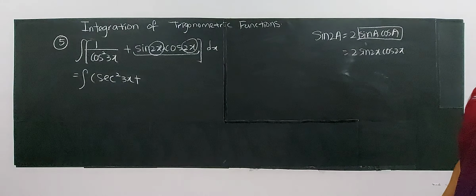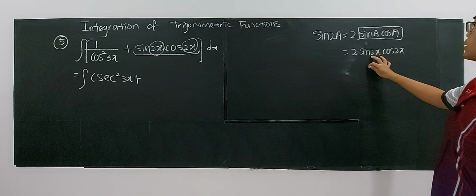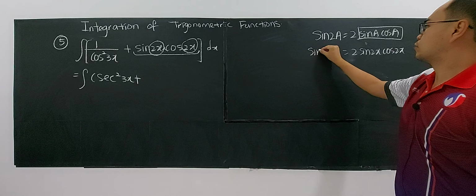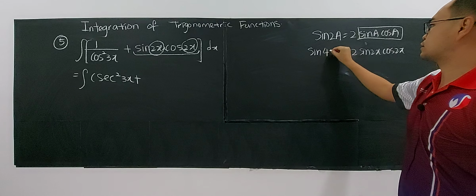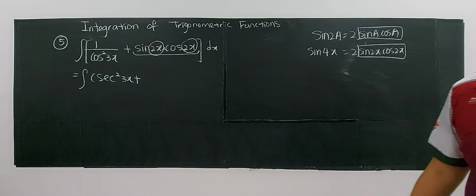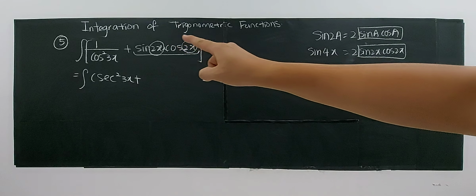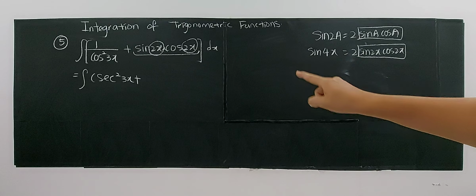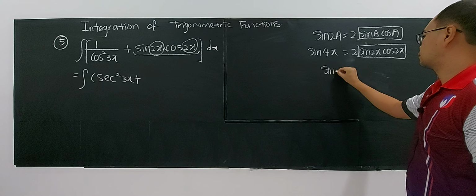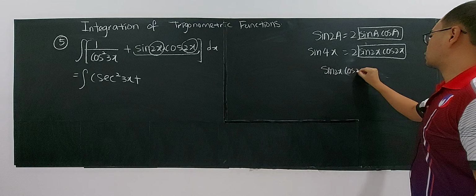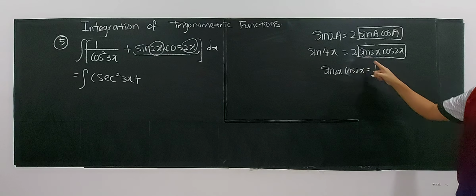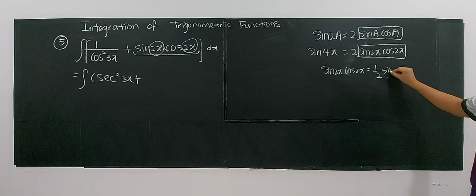See, this is the double angle formula for sine theta. So sine 2x cos 2x, this is 2x, 2x. Definitely this is 2a, it will be 2 times 2x. It will be sine 4x. Now I can convert sine 2x cos 2x to 1 over 2 of sine 4x.